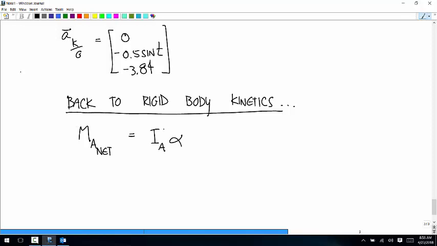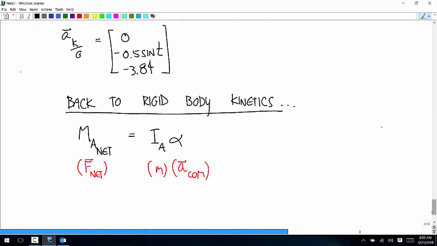Instead of talking about mass with angular motion, we're talking about the mass moment of inertia. That's the figure skating thing. Pulling your arms in decreases your mass moment of inertia. And then angular acceleration. So this one is like F net. This one is like mass. This one is like the acceleration of the center of mass.